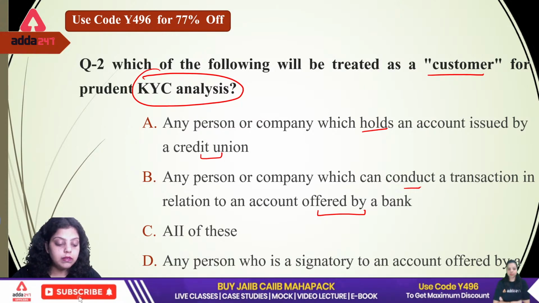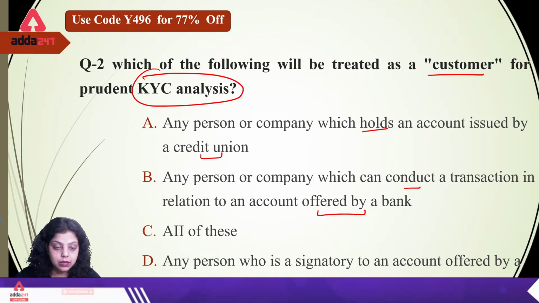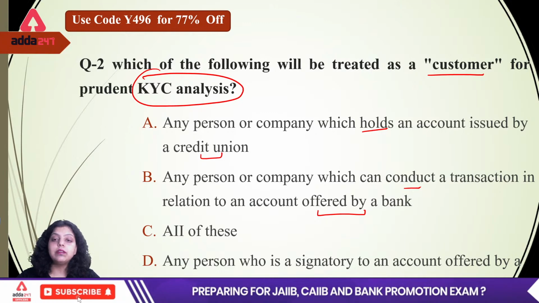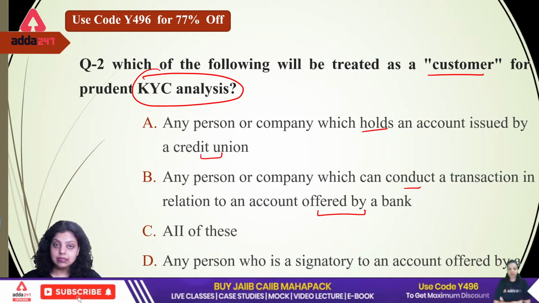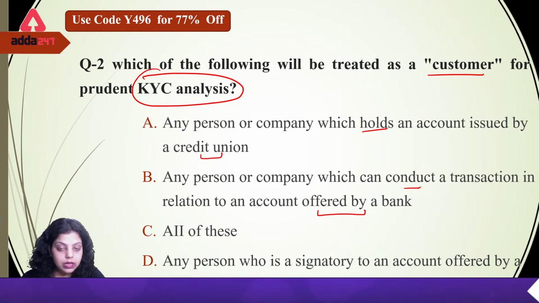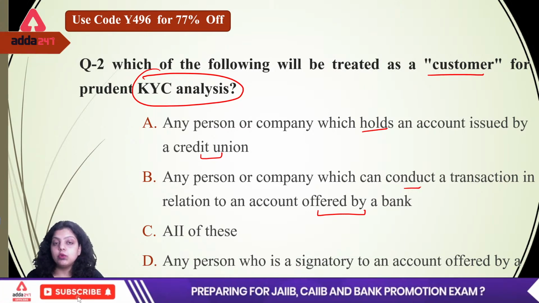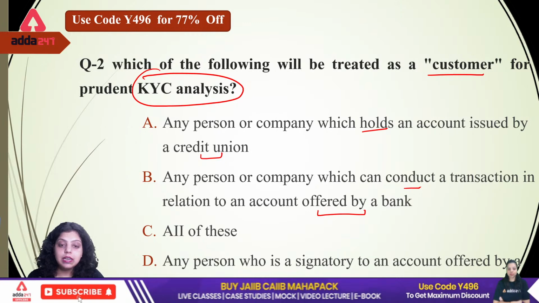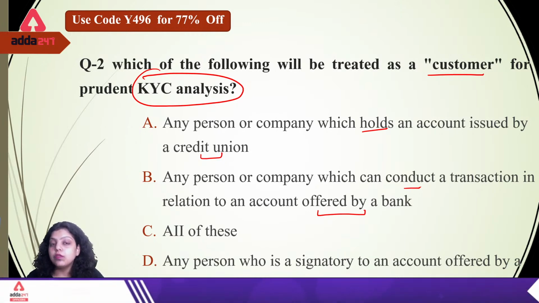So which of the following will be the right answer for the second question? Is it A, B, C or D? Here the question is asking, for the prudent KYC analysis, which of the following will be treated as a customer? A: any person or company which holds an account issued by a credit union. B: any person or company which can conduct a transaction related to an account offered by the bank.